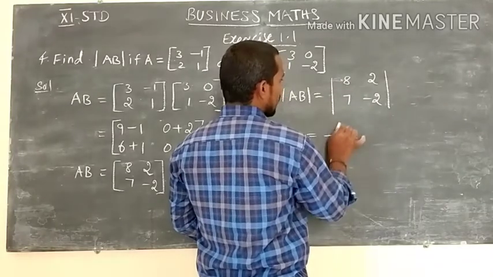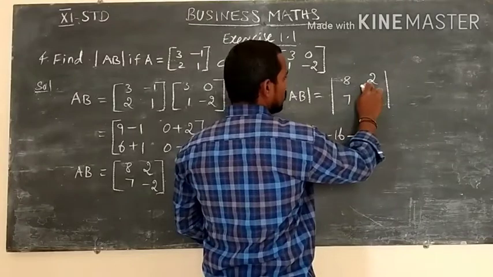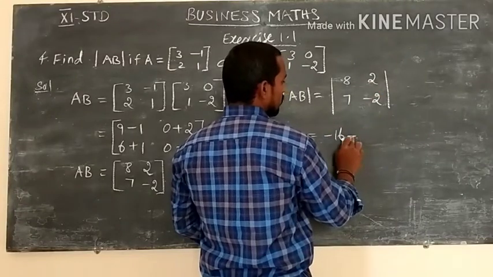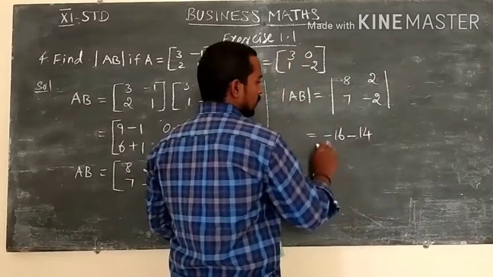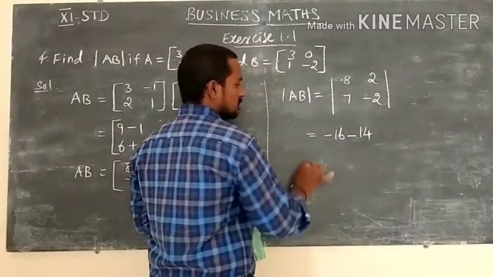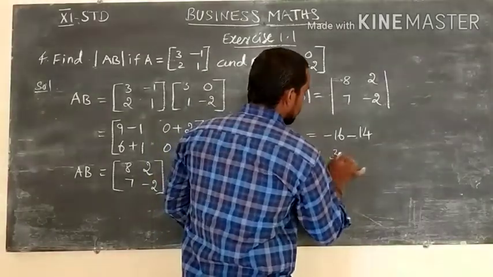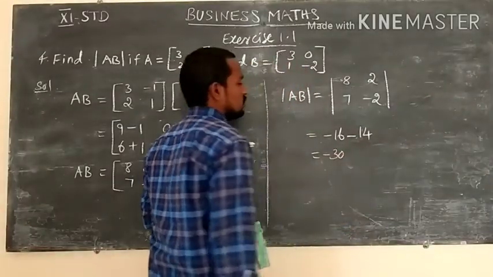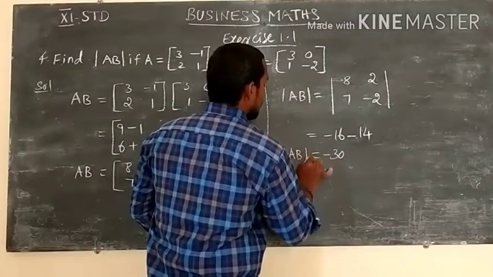Plus into minus minus, 8 2s are 16, and minus, plus into plus plus, plus into minus minus, 7 2s are 14. Now we get like signs, so making the addition, 16 plus 14 is 30 and the sign is minus, minus 30. This is the determinant of AB answer.